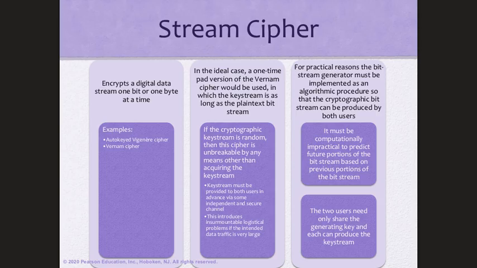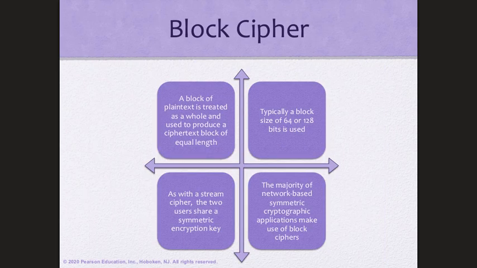So, a stream cipher, as I mentioned, this slide just gives you examples and a little bit more explanation. I'm not going to read it block by block. It just talks about the fact that when you apply stream cipher, which is explained better in a couple of slides, you are dealing with a flow of data, and accordingly, you have to manage the key in a slightly different way.